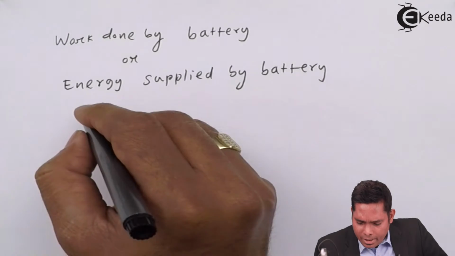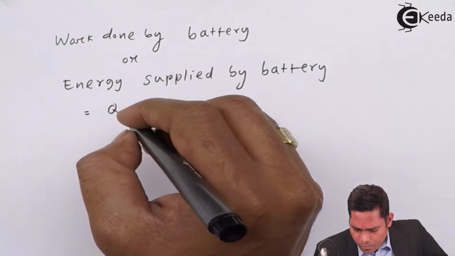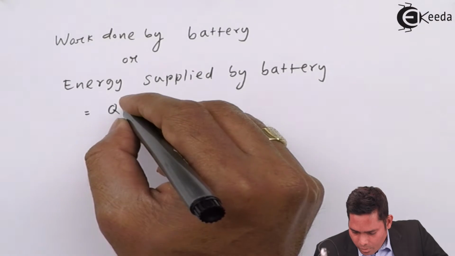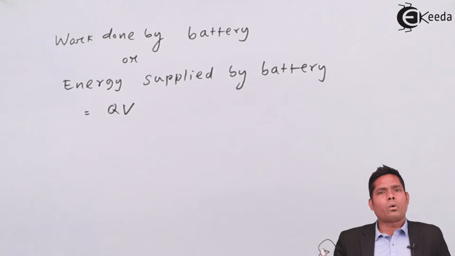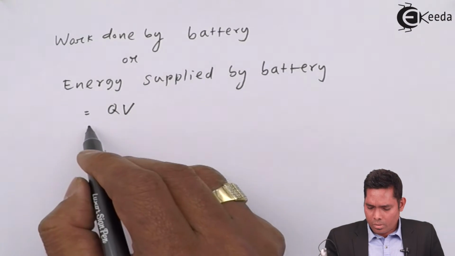The energy supplied by a battery is Q into V. That is the formula for the energy supplied by the battery.